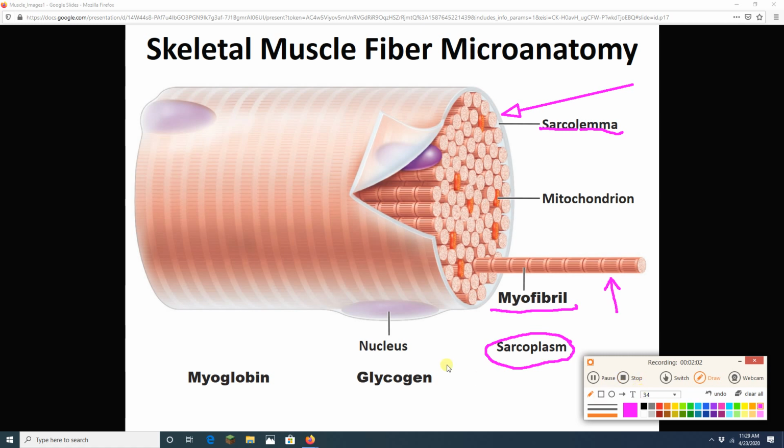We already know 2 of the major proteins that are going to make up myofibrils: actin and myosin. There are other proteins that we'll meet later. So these 2 proteins, which we called contractile proteins, are in the myofibrils. So the myofibrils are going to function for contraction.